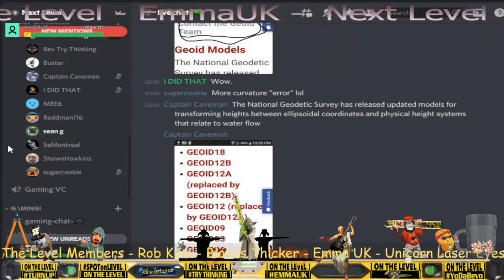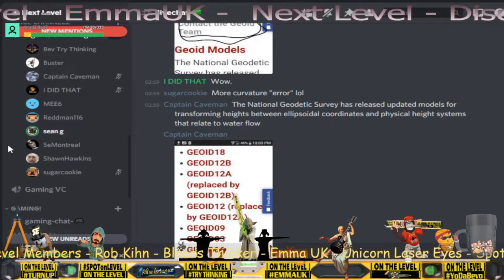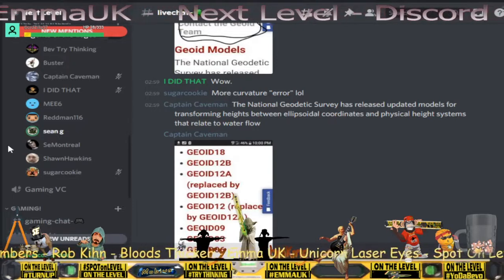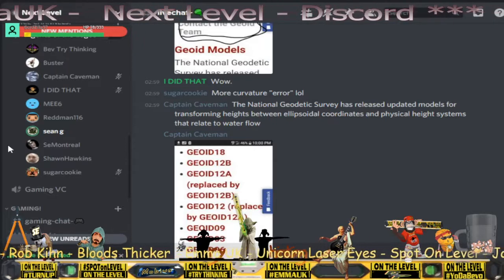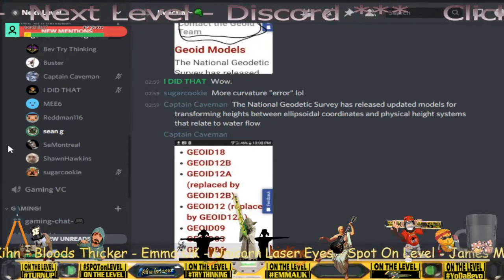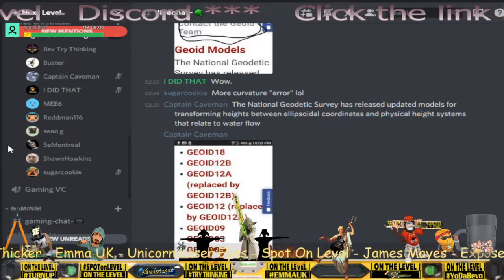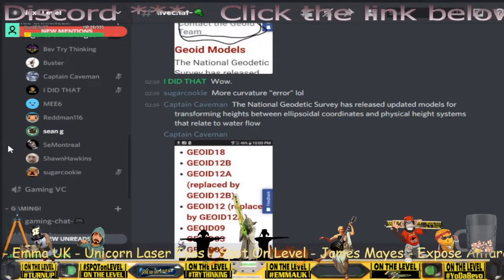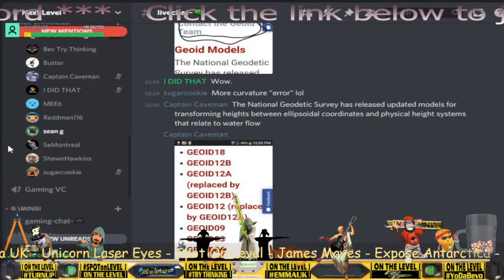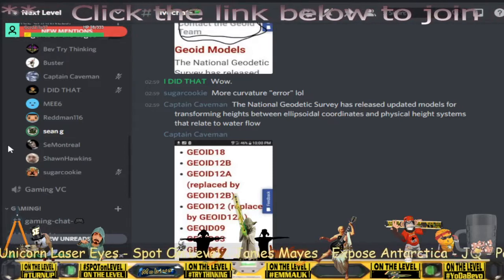It says, what are the differences between plane surveying and geodetic surveying? Though both plane surveying and geodetic surveying are methods of making measurements on Earth, they have some distinguishing features. Number one, plane surveying ignores the curvature of the Earth, while geodetic surveying considers it.